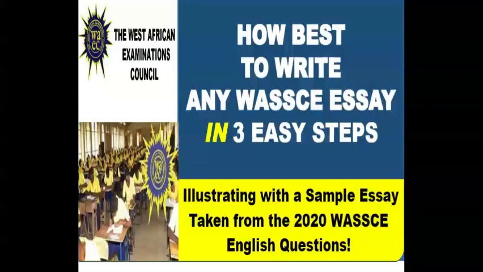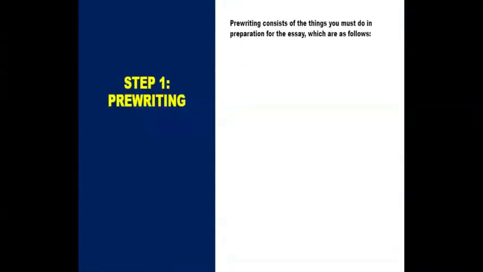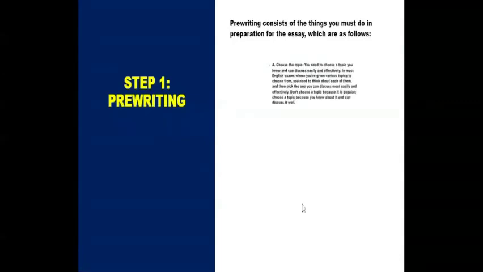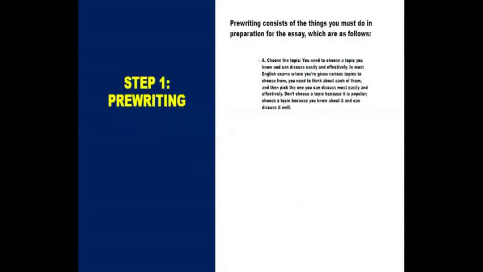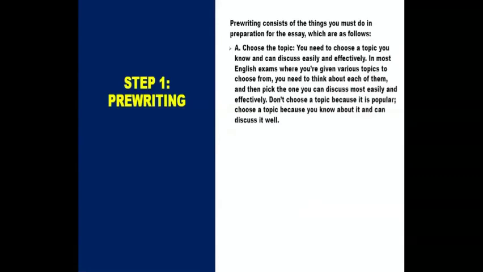Let's dive right in. Step 1, pre-writing. Pre-writing consists of the 3 things you must do in preparation for the essay, which are as follows. A. Choose the topic. You need to choose a topic you know and can discuss easily and effectively.